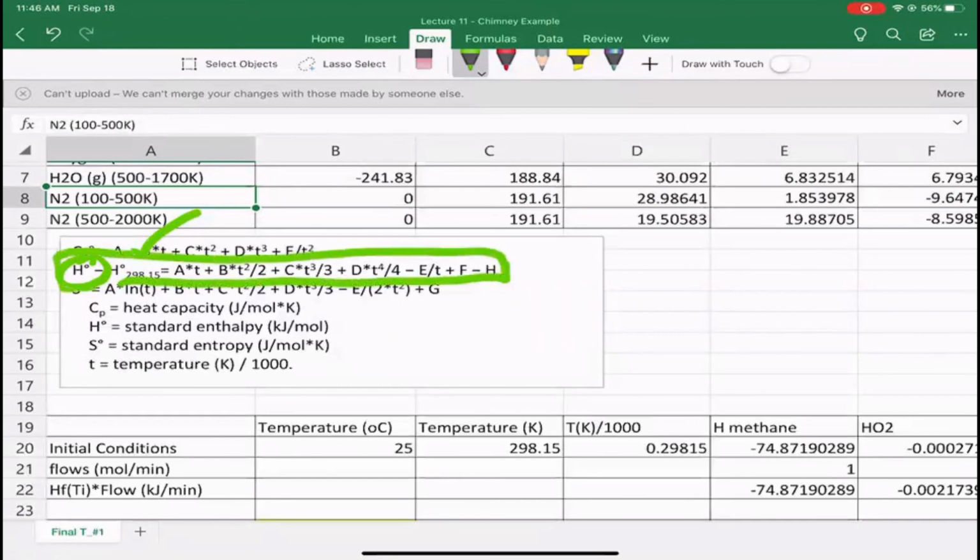How do I do this in a way that lets me change that temperature freely and have the values calculated every time I change it? That's what I'm going to show you.